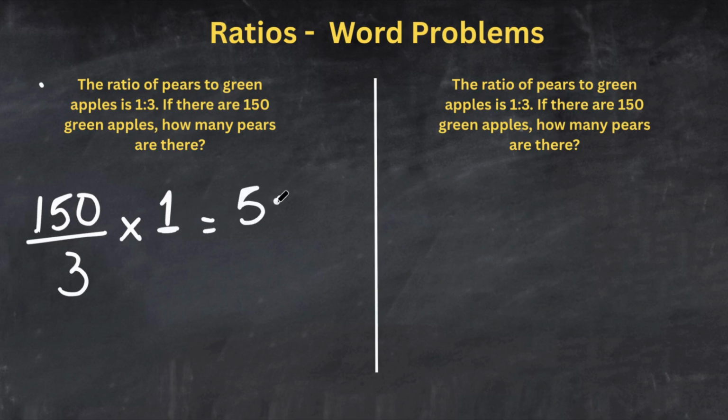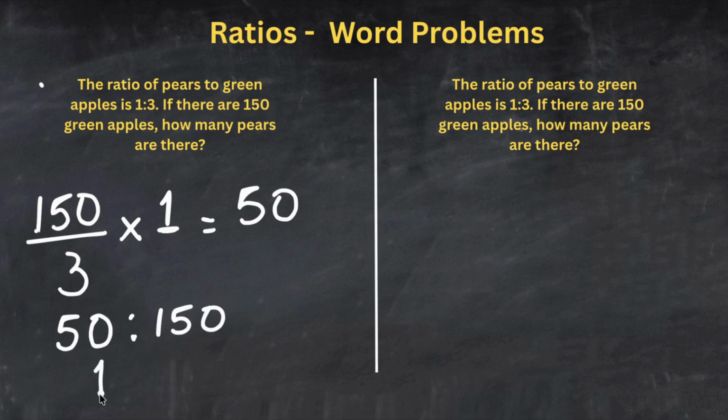So 50 is the number of pears. Let's see how. Then the ratio of pears to green apples becomes 50 is to 150, right? And when you reduce these two, you will get 1:3. So that's a check that our answer is good.